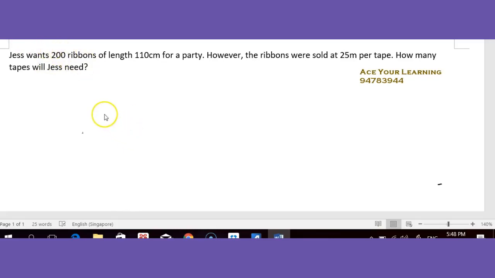So over here, we have to circle 200 ribbons of what length? Of 110 cm. Then they also say the ribbons were sold at 25 meters per tape. Per tape. How many tapes will Jess need?